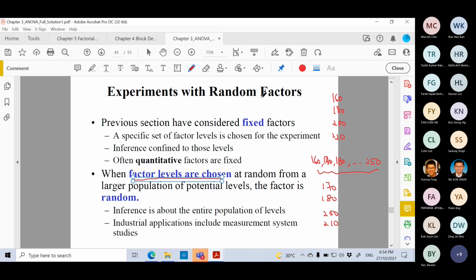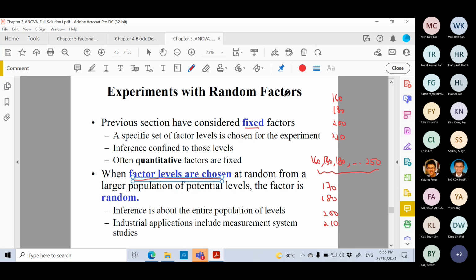If you deal with a random factor, it means that your conclusion can be applied to all the factor levels here. But what we discussed just now, we only studied these 4 factor levels. Therefore, our conclusion can only be made for these 4 factor levels. This one is called the fixed factor.